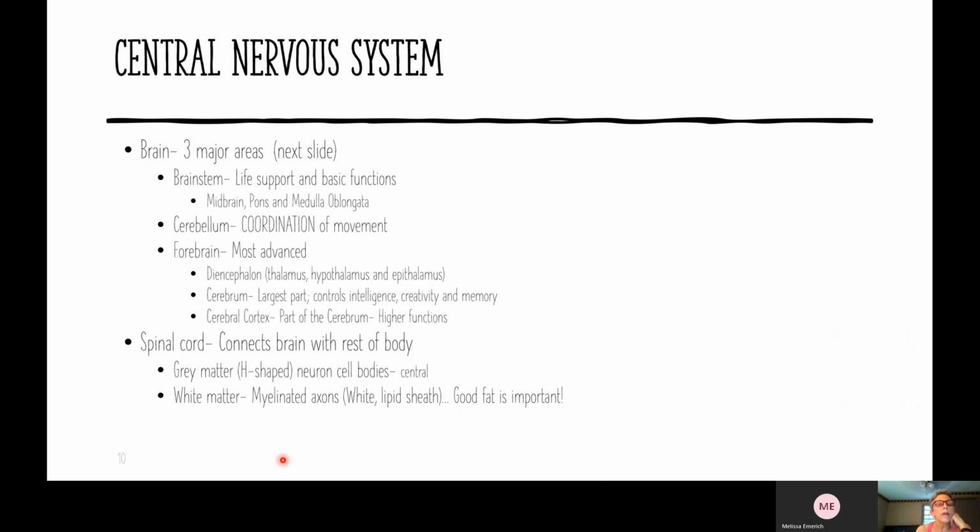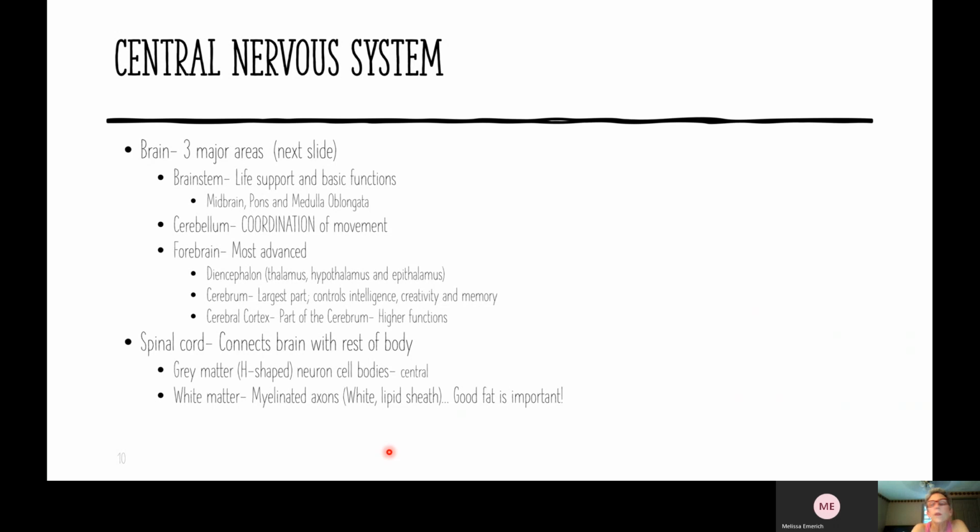As we're looking at the central nervous system, if we recall just briefly from the prior slide, there's the brain and the spinal cord. The brain has three major areas, and there's a good picture, it just wouldn't fit well on the slide with the words on it.